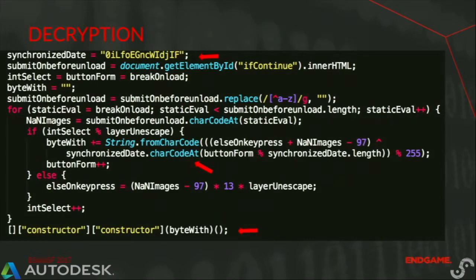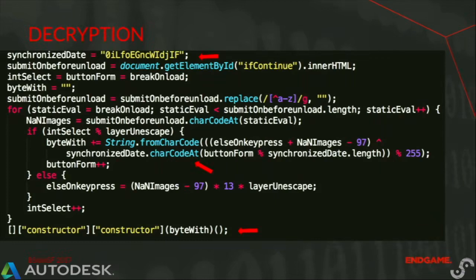Once we get past the browser fingerprinting, we get to the decryption phase. And this is how the code looks. The first line has the key. Second line, you can see it's pulling the code from the span element. The decryption routine is a very typical sort of string manipulation where you have alternate calls to String.fromCharCode and charCodeAt.